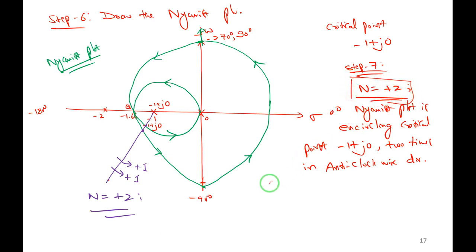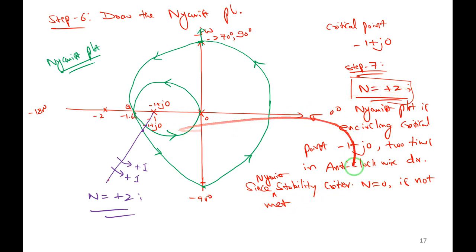Since the Nyquist stability criteria n equal to 0 is not met, because n equal to 2 I am getting, but n should be 0 for the system to be stable, the system is unstable.